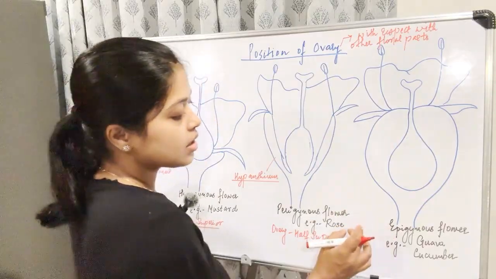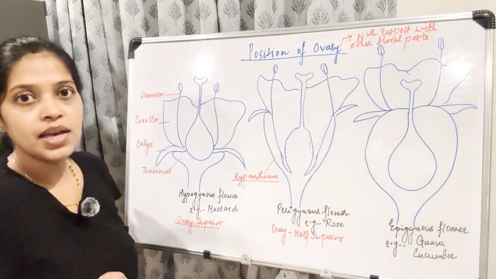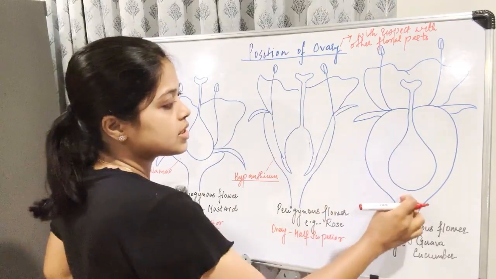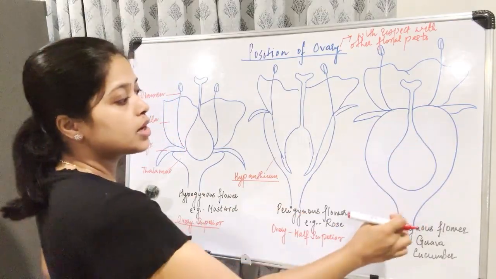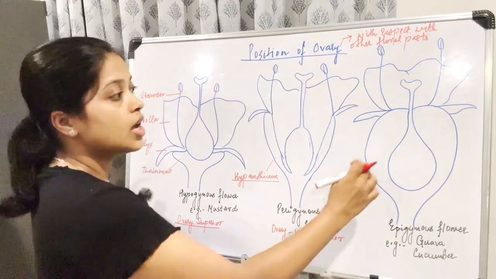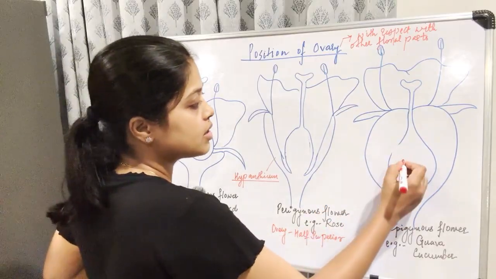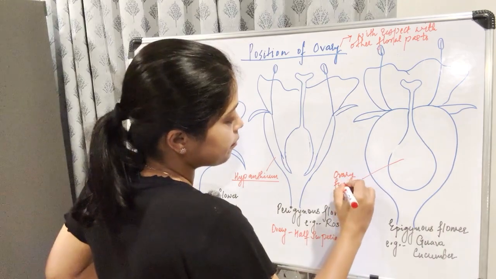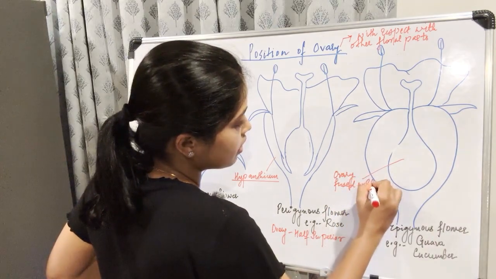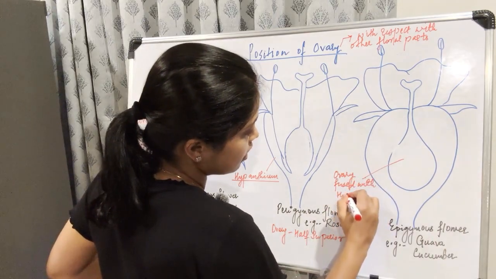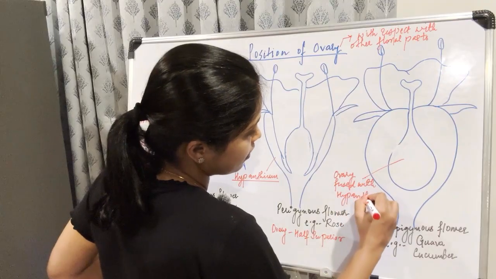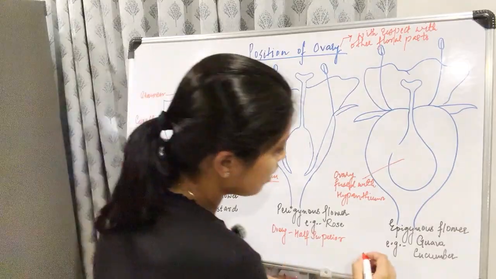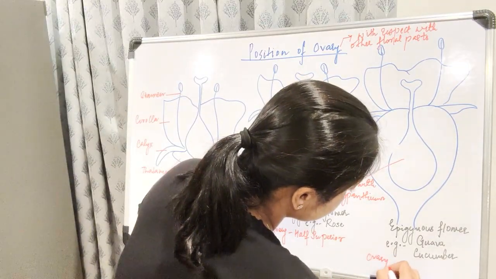Then we have another condition called the epigynous flower. Epigynous means here this is your hypanthium which has formed a complete cup shaped structure, and this ovary is completely fused with the hypanthium, because of which the ovary is inferior.